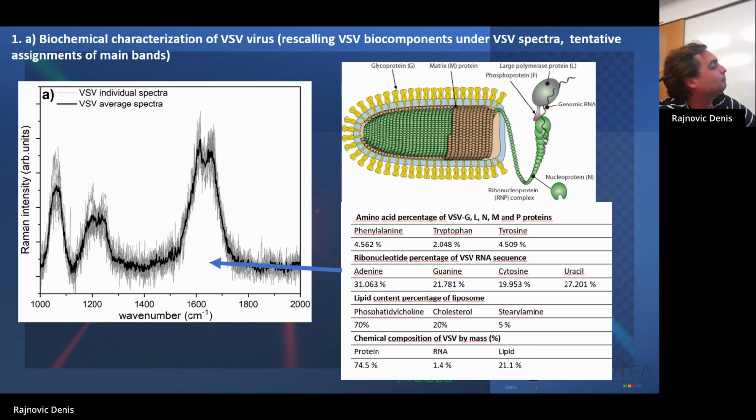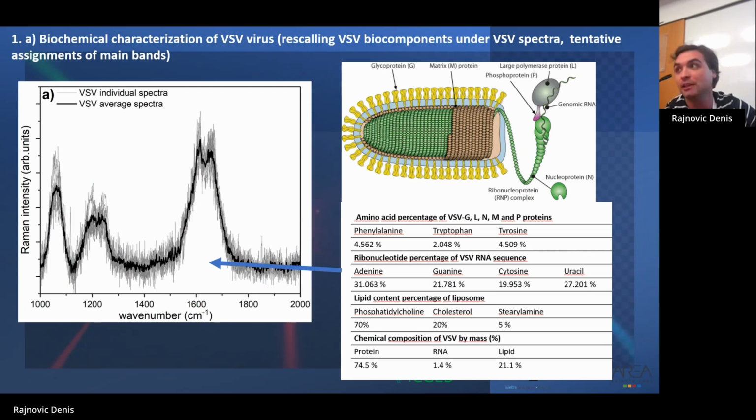First, I was measuring single components of amino acids, nucleotide, lipids, and the workflow goes like this. VSV virus is composed of 5 proteins: G, L, N, M, P. I downloaded their amino acid sequence and calculated how much phenylalanine, tryptophan and tyrosine percentage they have.